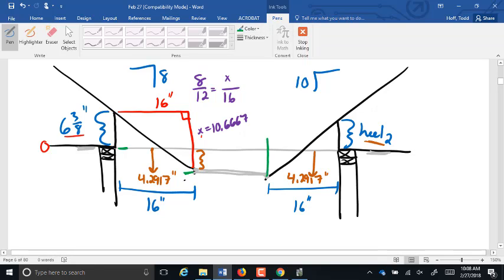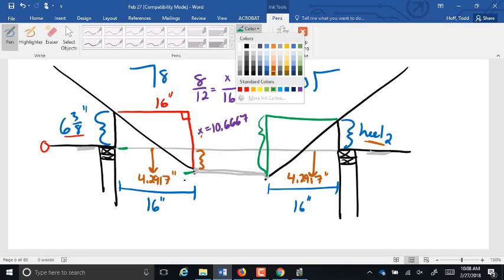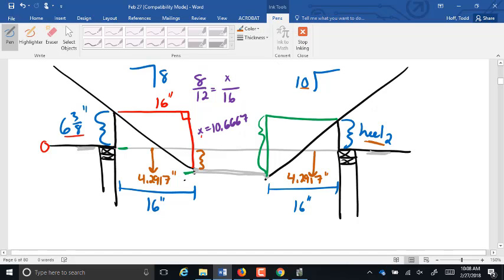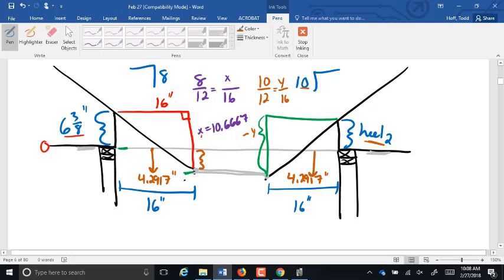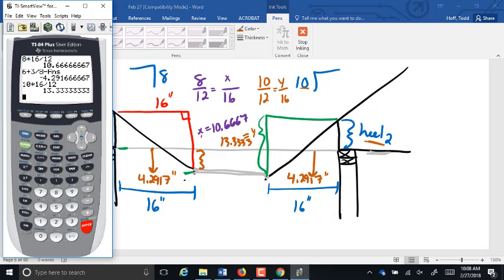So now we're going to go up here and back over to get what that height has to be. We're finding this rise here. How do we find that rise? Well, that's 10/12 slope equals, we'll call that y over 16. So 10 times 16 is 160, divided by 12 is 13 1/3. So this is 13.3333. We're going to add that to the negative 4.2917.